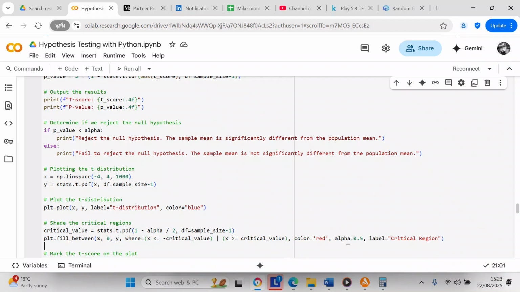And then your degrees of freedom is sample size minus 1, and that's 29.